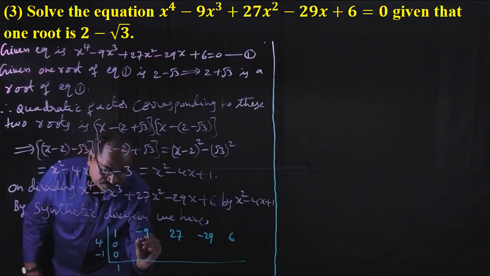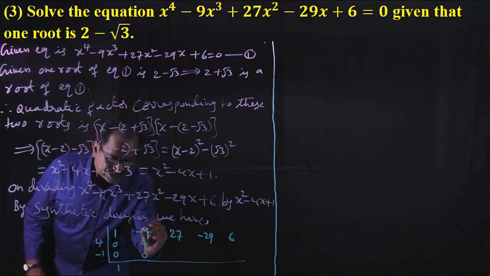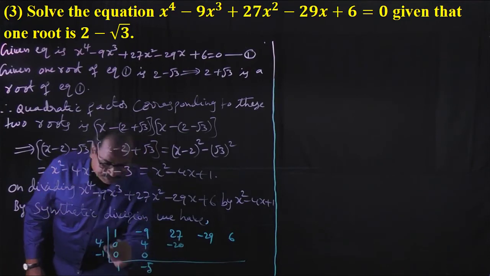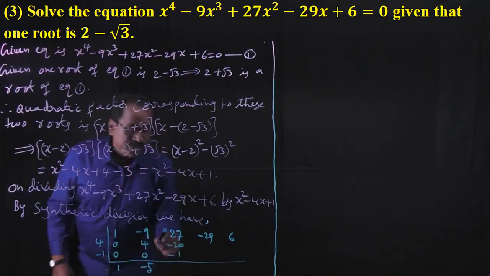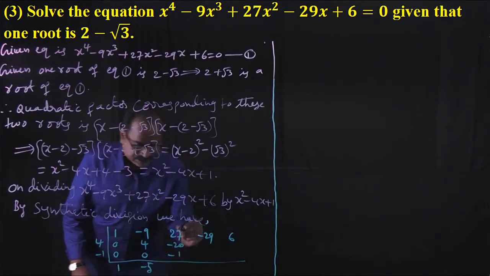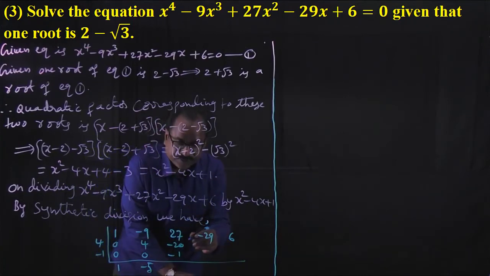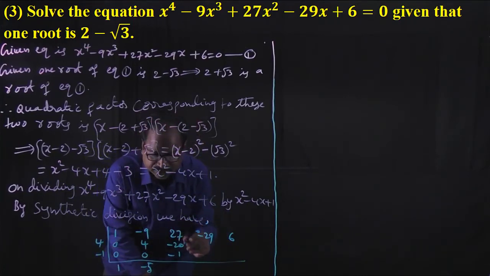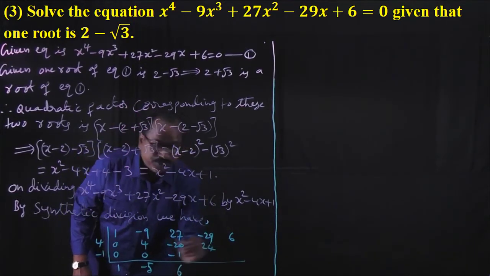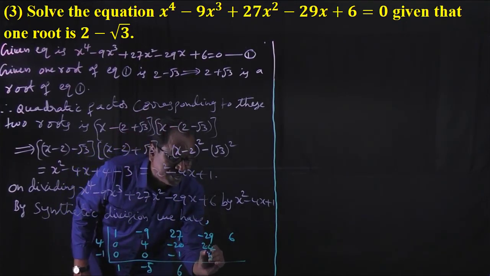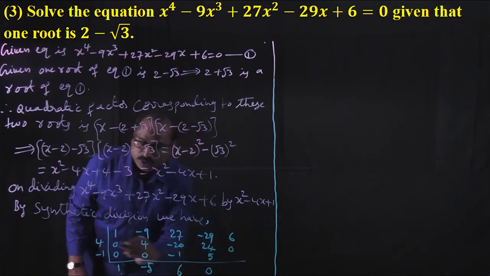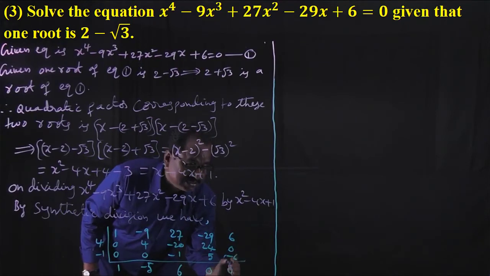Adding, 1, 4 into 1, 4, this is 0, minus 9 plus 4, minus 5, 4 into minus 5, minus 20, minus 1 into 1, minus 1, 27 minus 21, this is 6. 4 into 6, that is 24, minus 1 into minus 5, plus 5, minus 29 plus 29, 0. 4 into 0, 0, minus 1 into 6, minus 6, 0.